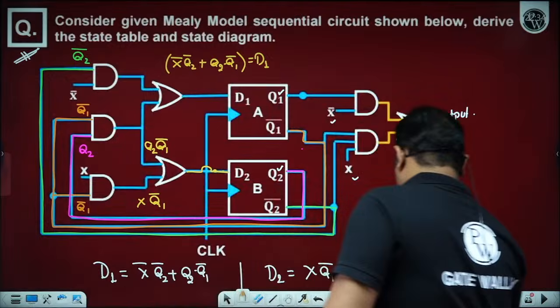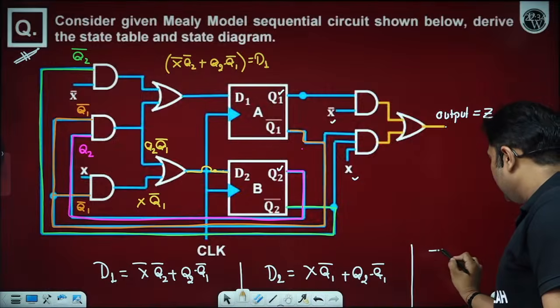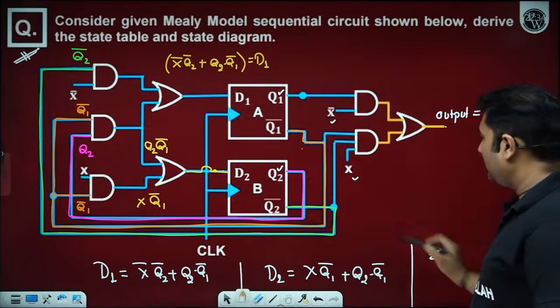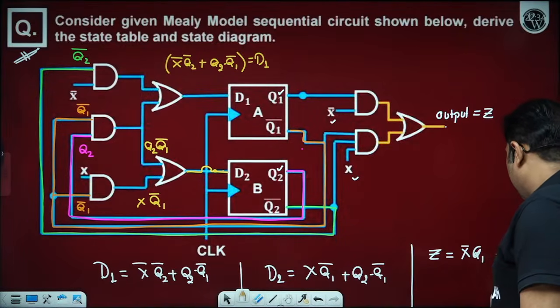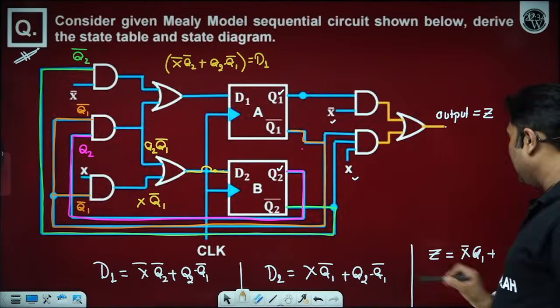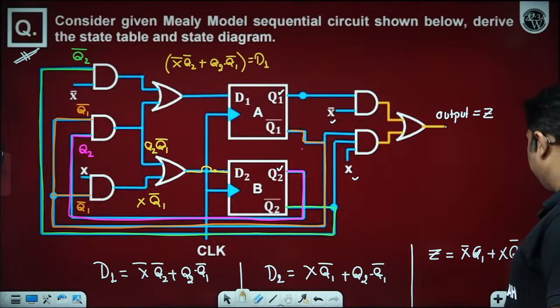And we can also see the output. Let us suppose the output is Z. So Z equals X bar Q1 plus X Q2 bar Q1 bar.